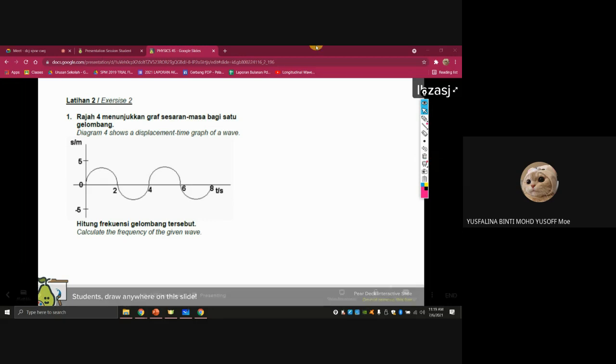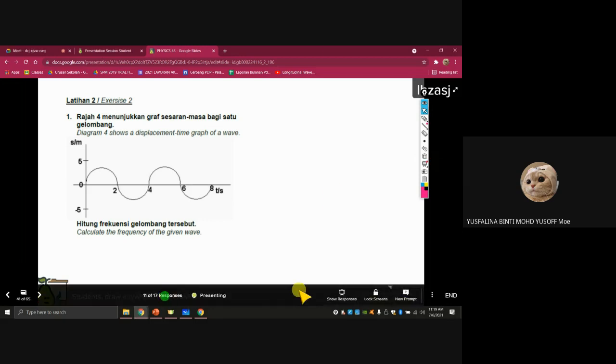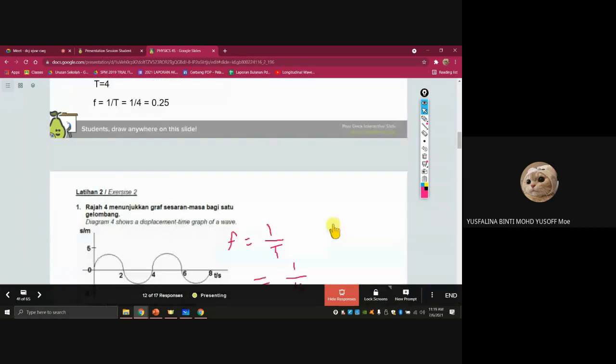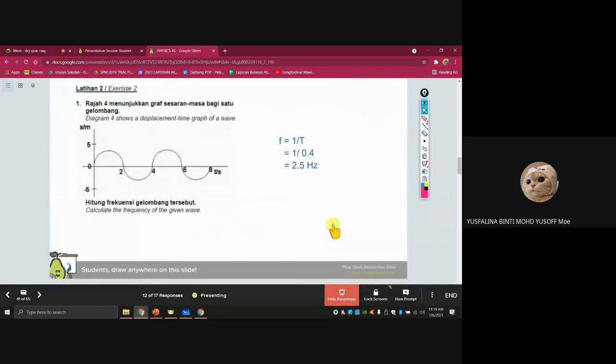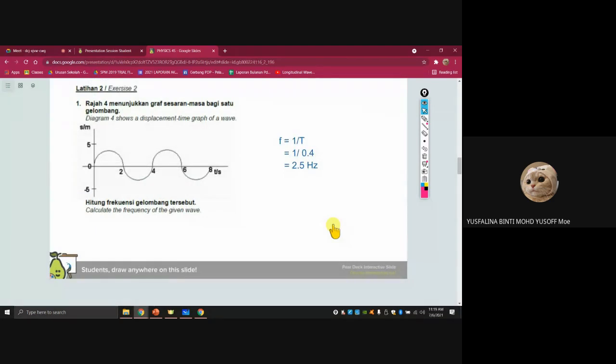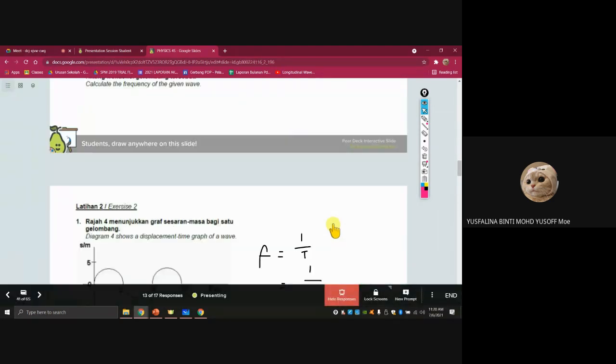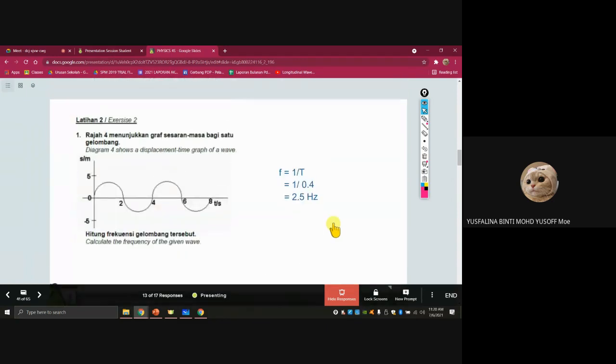Okay, so let's see your answer. 1 over t, 0.25, 0.25, 2.5. Why you divide by 0.4? This is 4, right? How come it can be 0.4 here?